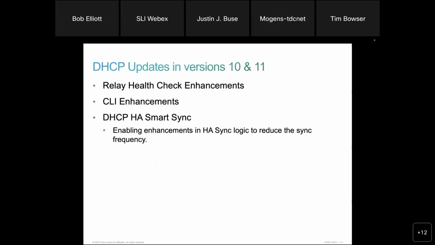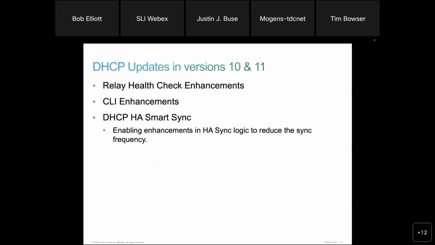So, some of the specific updates for DHCP in versions 10 and 11. There have been some enhancements for relay health check. There's also, as I mentioned, a lot of command line interface enhancements, a lot of them for synchronization, where now you can perform a failover sync using the command line interface.